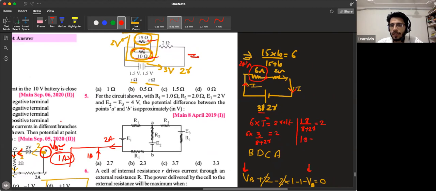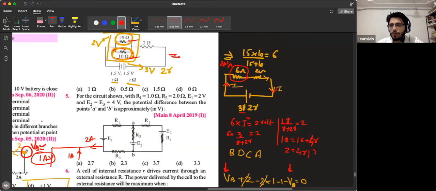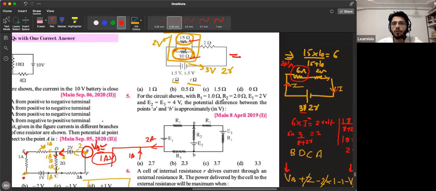So you have 18 is 16 plus 2R. When you take it to the left hand side, you get 2 is equal to, no, not 2R, sorry, 4R. 2 equal to 4R. You get R equal to 2 by 4, which means half ohm. So half ohm means option number B. Write down the solution.